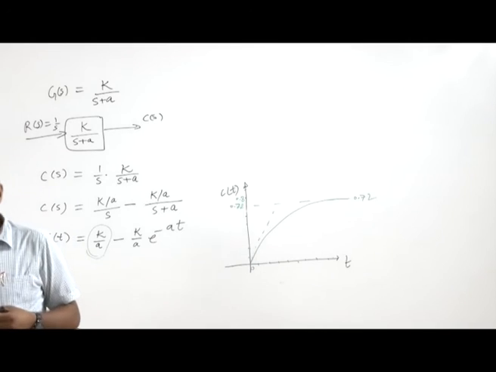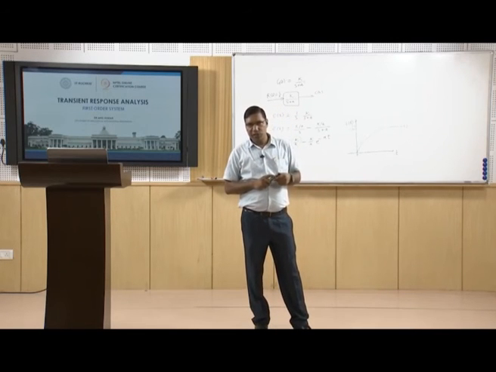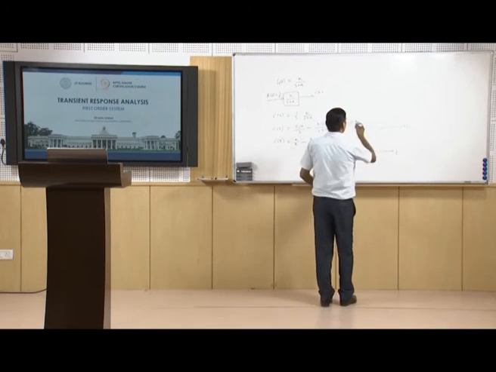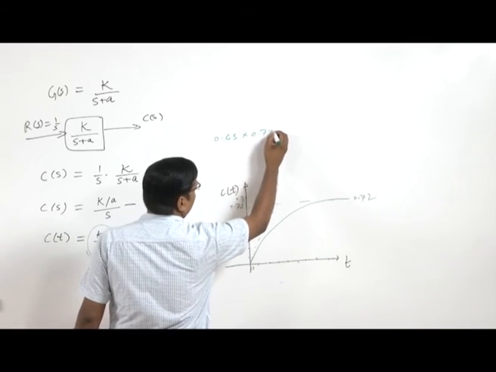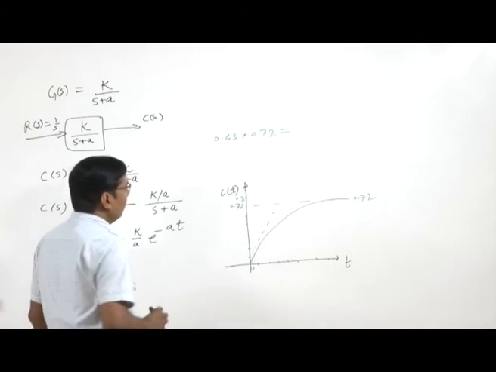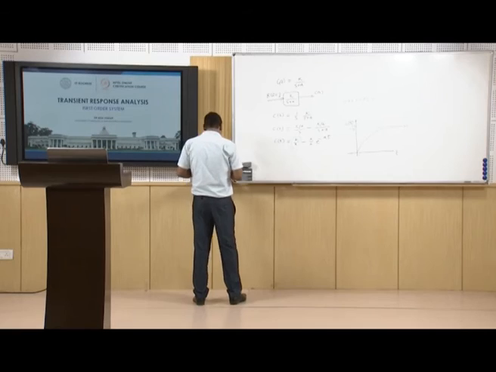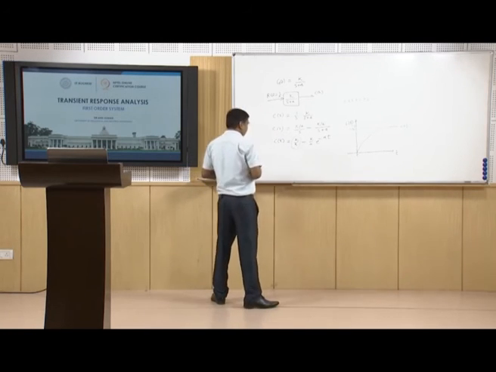So time constant is the time when the response reaches 63% of the final value. So 63% of the final value we can find.